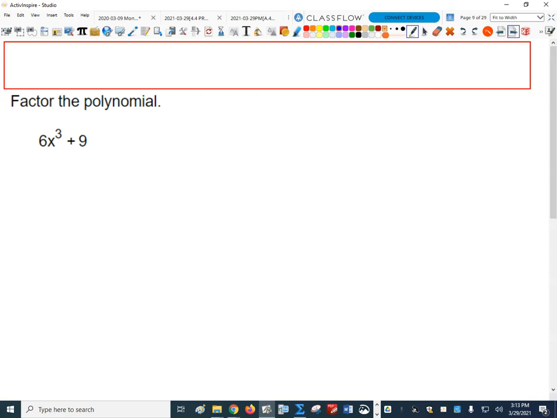What do you think? Anything I could undistribute? Yeah, okay, good. I could factor out a 3, couldn't I? Right? So if I want to factor this polynomial, there's my greatest common factor right there.